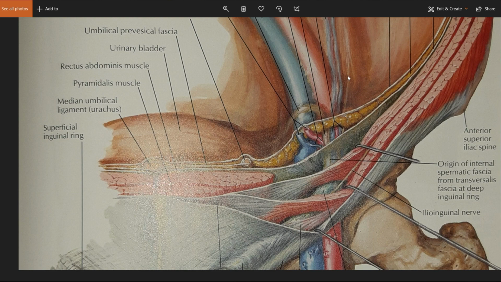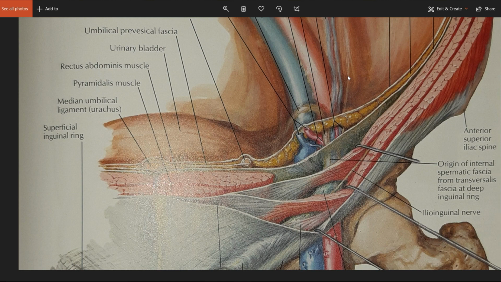Along with that, we also have a sympathetic plexus of nerves around the different arteries, such as the artery to the ductus deferens, and other afferent fibers. So there is more or less a sympathetic plexus of nerves along with the genital branch of the genitofemoral nerve. These are the nervous constituents of the spermatic cord.